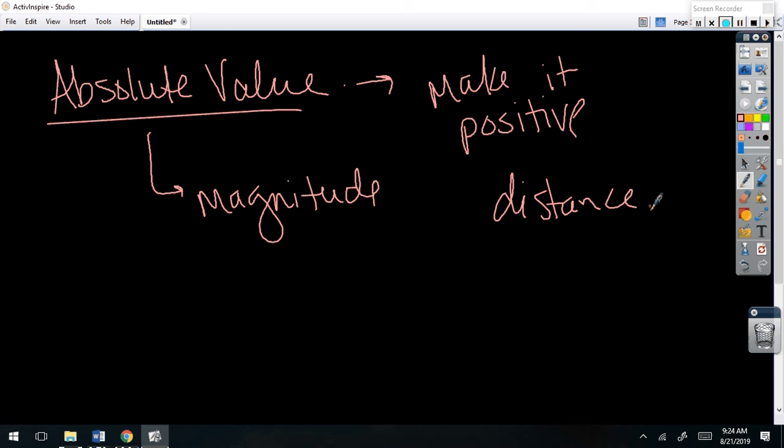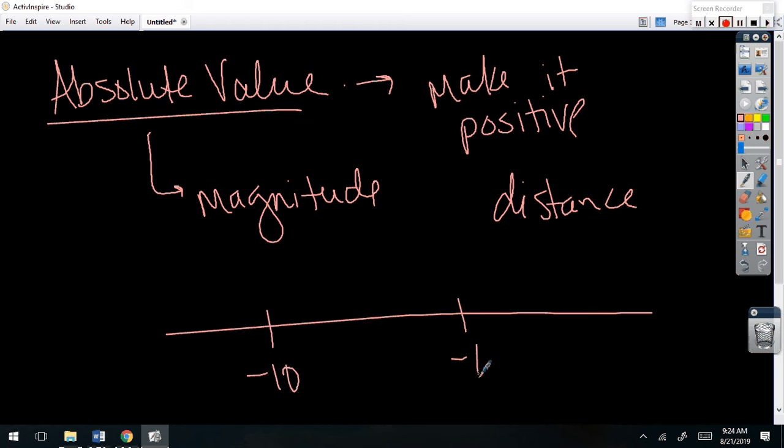So if we're looking at distance on a number line, let me just put a number line up here. Let's say this is -10, this is -1. If you subtract those two values either way you do it, -10 minus -1, you're going to get a negative number, but you can't have a negative distance.